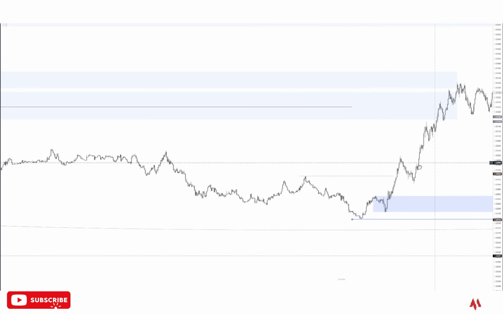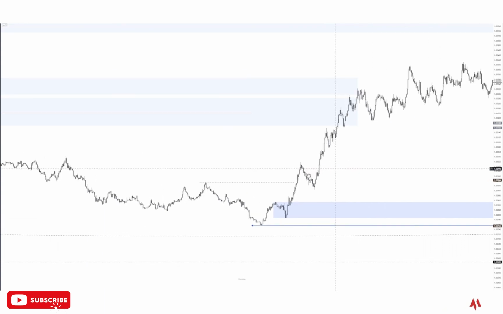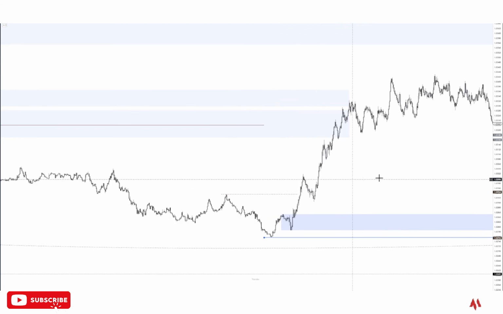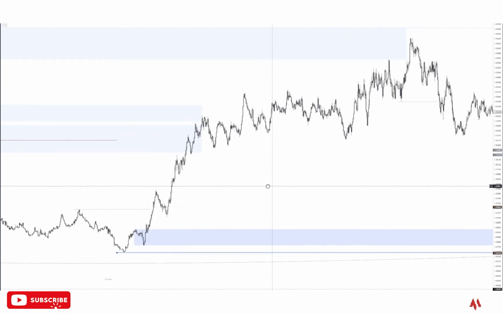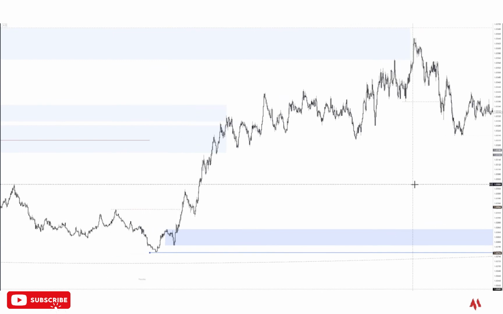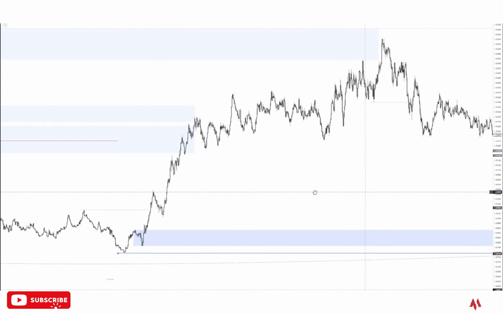So price ended up impulsing into our supply zones, leaving us with no entry setup on Thursday. So that rounds up my Thursday price action.